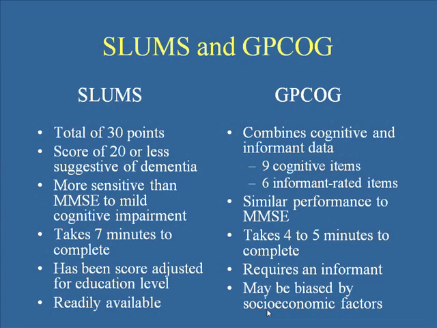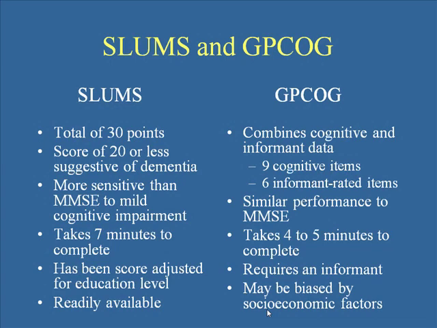One would be asking the patient the questions for the cognitive assessment. And then there's a second part, which is asking a caregiver or an informant to rate some items. If you look at the test operating characteristics, it performs very similar to a Mini-Mental State Examination. It's probably a little bit faster to complete, but to do it in full, it requires an informant.